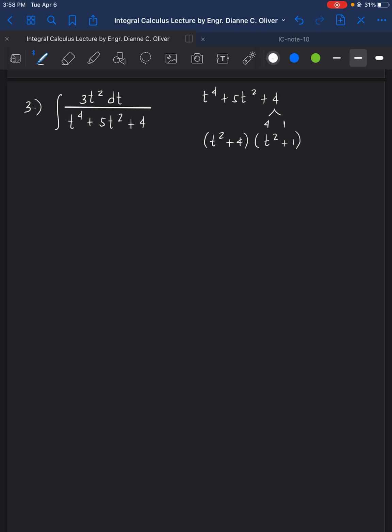So we rewrite it as 3t squared all over t squared plus 4 times t squared plus 1. That is equal to A all over t squared plus 4 plus B all over t squared plus 1.